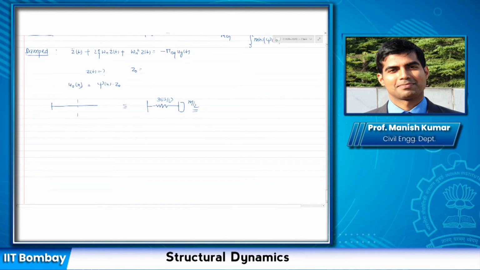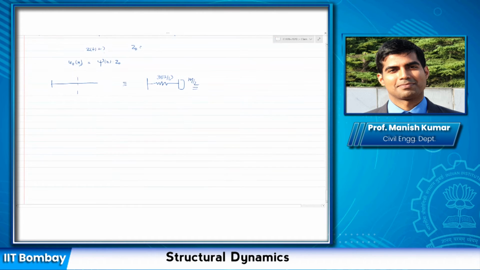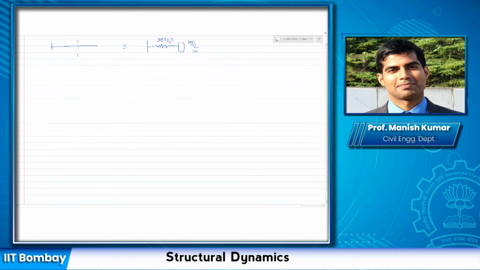If not, then let us do an exercise to actually see the significance of this method. What I need you to do, consider three shape functions. The first shape function represents the static deflected shape of a cantilever beam under the action of a point load at one of its ends.